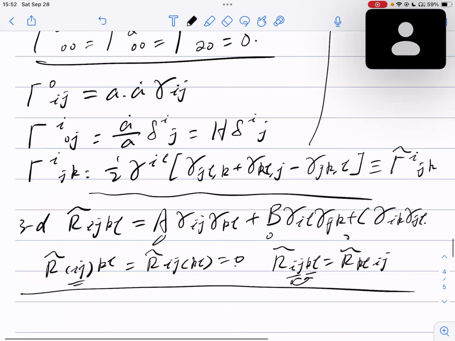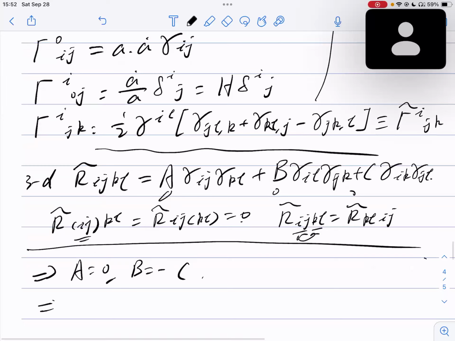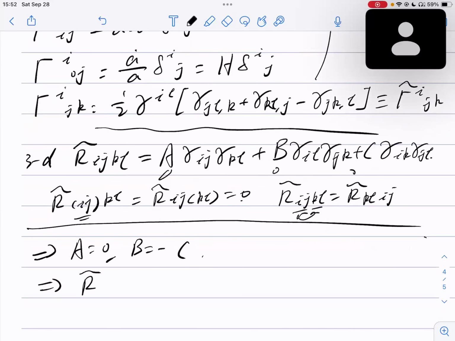Okay, use these properties and notice that gamma ij is a symmetric metric, a symmetric matrix if you represent it in a basis. So we can obtain that A equals 0 and B equals minus C. So this three-dimensional Riemann curvature tensor R tilde ijkl is just a constant times gamma ik gamma jl minus gamma il gamma jk.